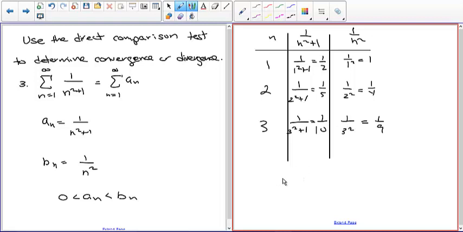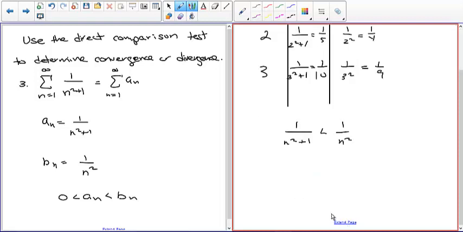The second way is you can take these two and say 1 over n squared plus 1 is less than 1 over n squared, and then figure out the values of n where that's true. So you could cross multiply, and you get n squared is less than n squared plus 1.